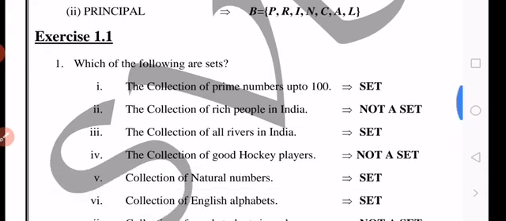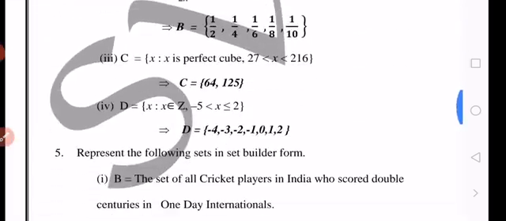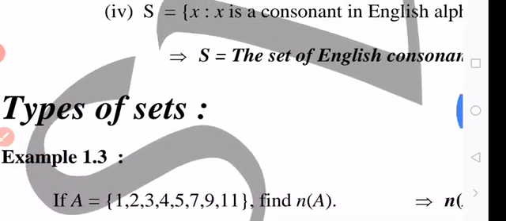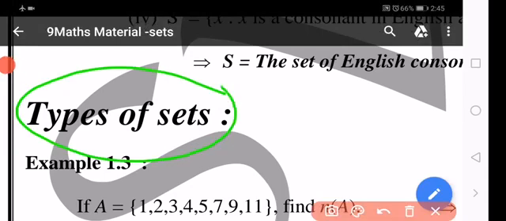Okay students, in our next class we are going to discuss types of sets. This is a very important topic.